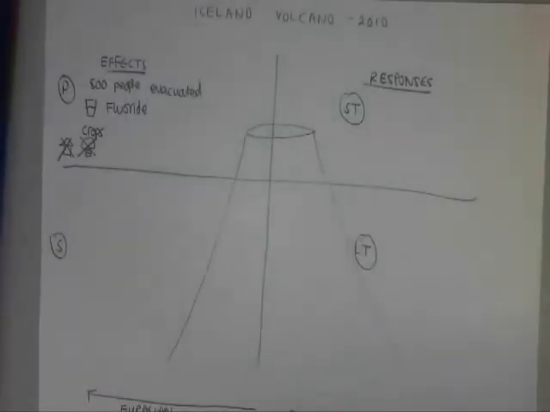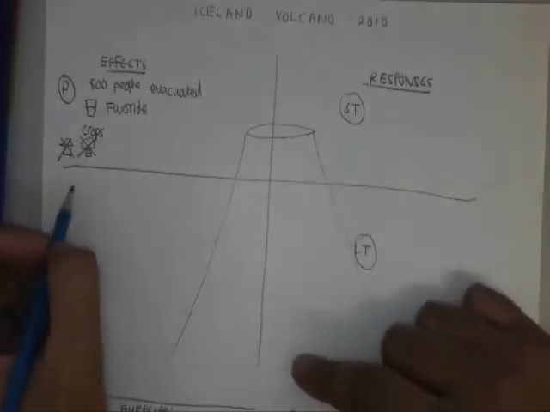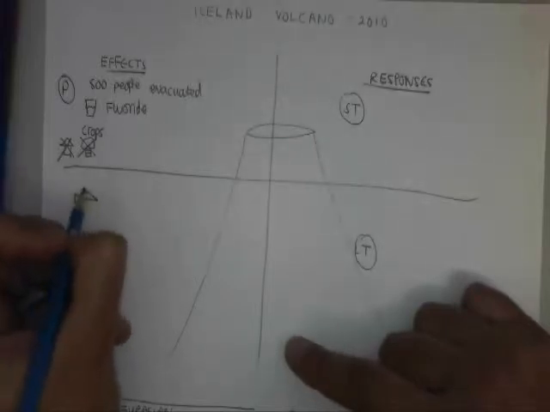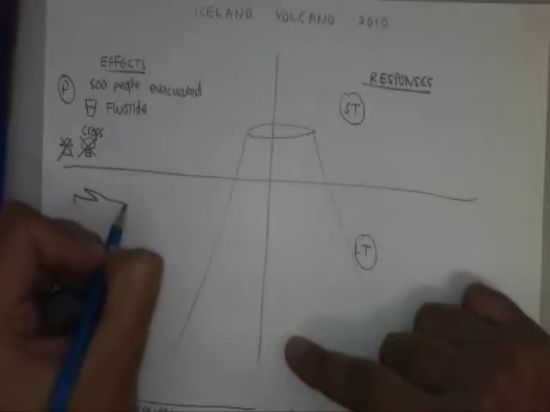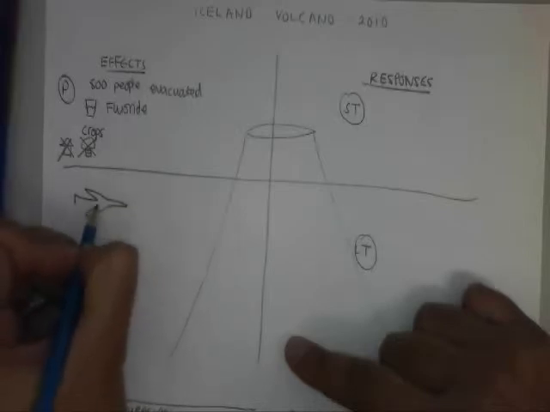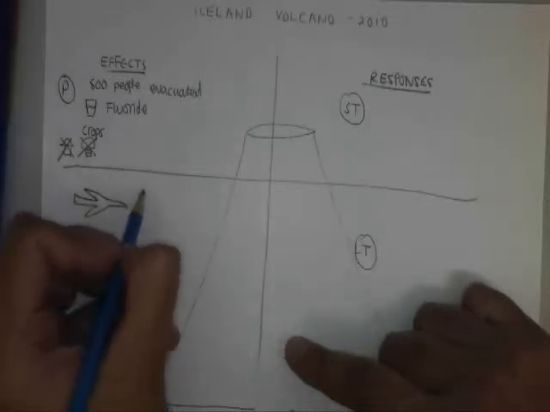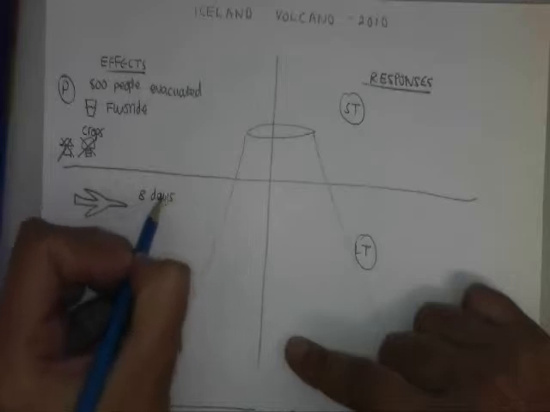In terms of the knock-on impacts of the lava and ash that was emitted from the volcano, the ash actually led to the damage of the aircraft engines, and so for that reason all flights in Europe, so not just around the immediate area of the volcano, but all flights in Europe were actually cancelled for a period of 8 days.